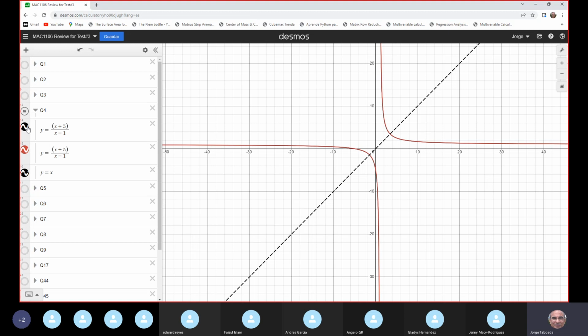Any function that is symmetric about the line y equals x has an inverse function exactly the same as the original function. There are several examples, not only this, but this is a good example to illustrate this idea very well. Do you see that? Cool, eh? There is no infinity scenario, but there are a lot of functions that satisfy this.